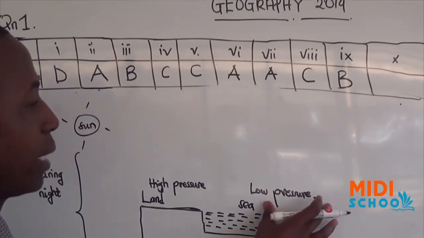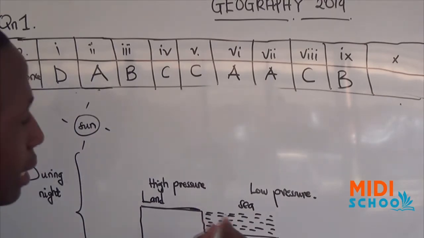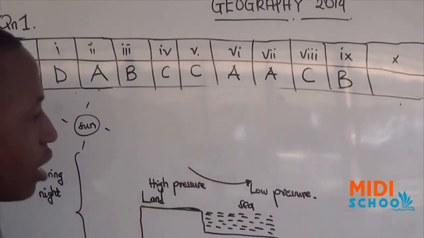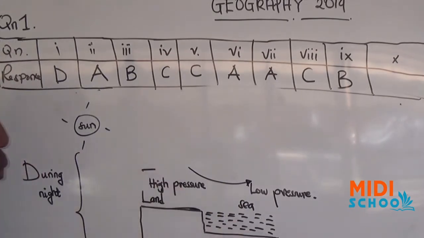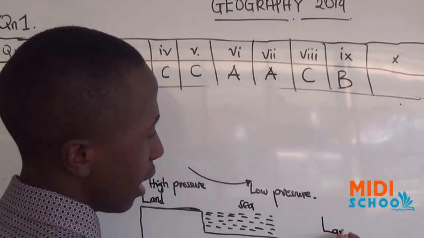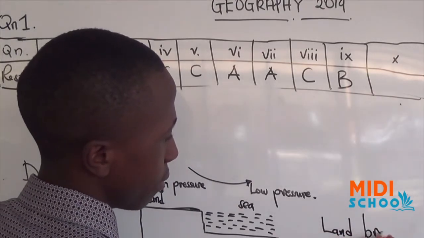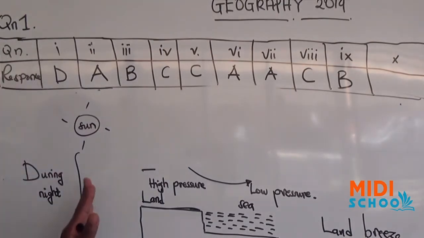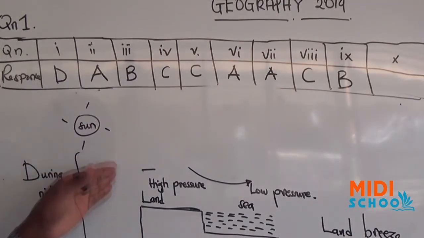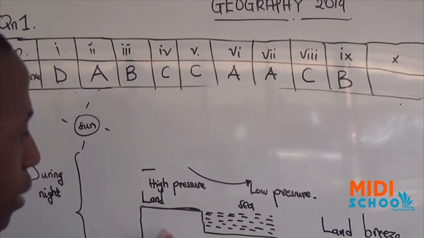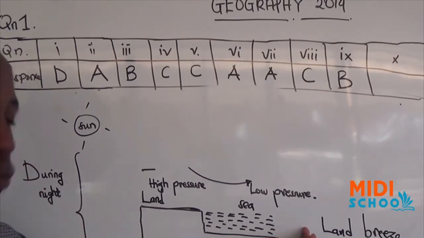And if pressure is low, meaning that wind will blow from land to the sea. And this condition is called the land breeze, whereby wind blows from land to the sea, as it blows from the region of high pressure to the region of low pressure. It's like this.